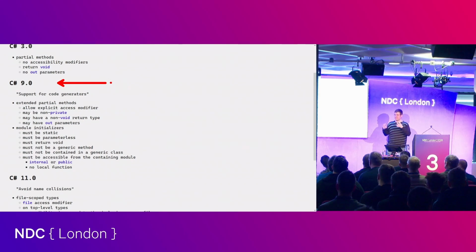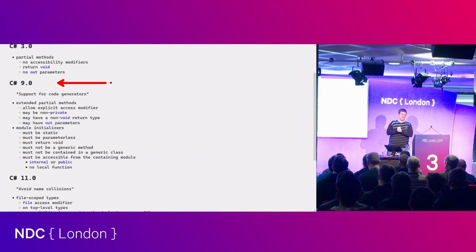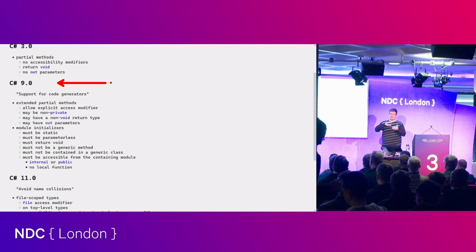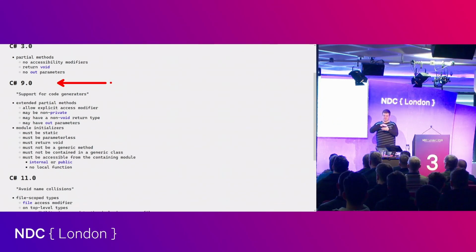So it's inherently private, and it cannot have a return type, which means if a partial doesn't have an implementation, and if at compilation nobody's providing it, not the developer, not some other tool, then this call to this partial method is removed.